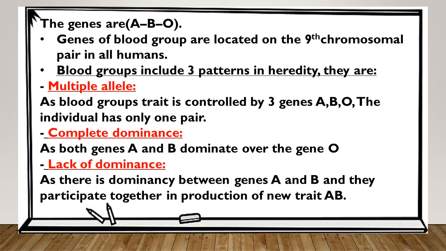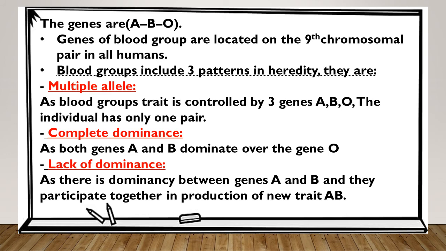So when the individual has, for example, gene A and gene O, we call that this individual has blood group A, as gene A dominates over O. And also, if the individual has genes B and O, we call that this individual has blood group B, as B dominates over O. And we said that the O is a recessive gene.